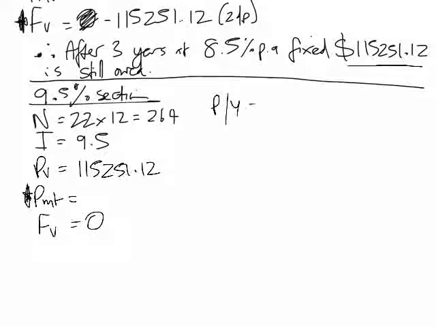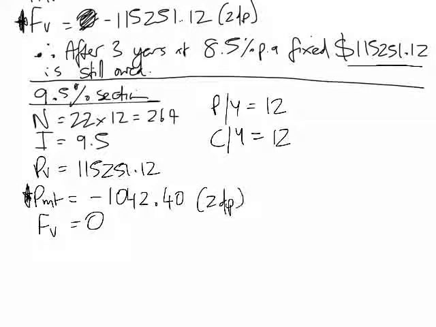We're still paying once a month, and it's still compounding once a month. So if you put these numbers into TVM Solver, and I solve for PMT, you'll notice that the repayments get significantly higher. Why is that?